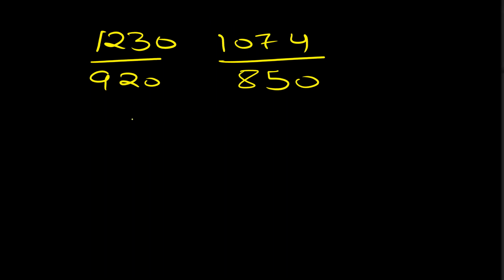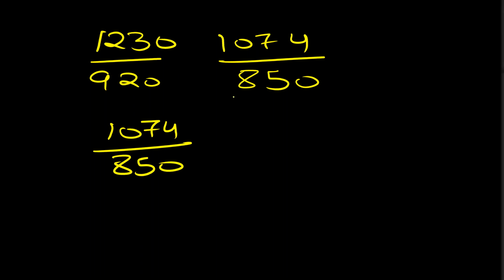So 1074 divided by 850. If you check with the decrease also, the decrease should be more. If the decrease is more, then your answer will be the same. You can do it there also, but for your understanding, I'm doing it this way. So I'm changing the places. So now I have changed these places, right?